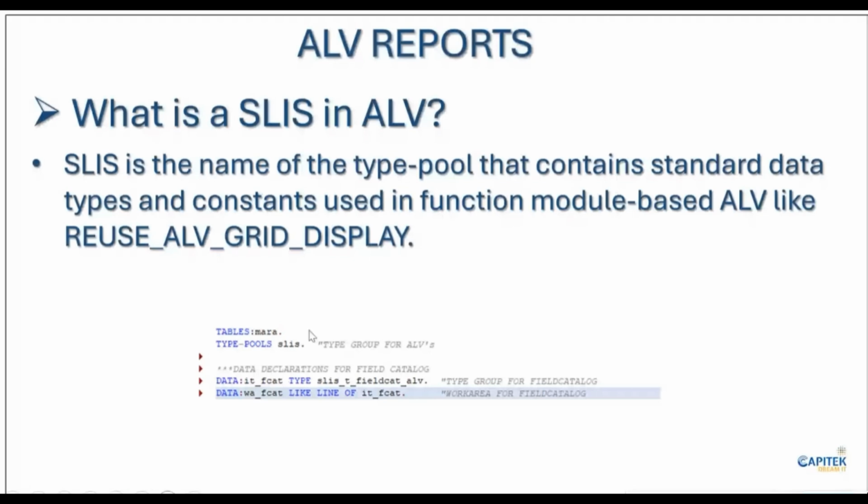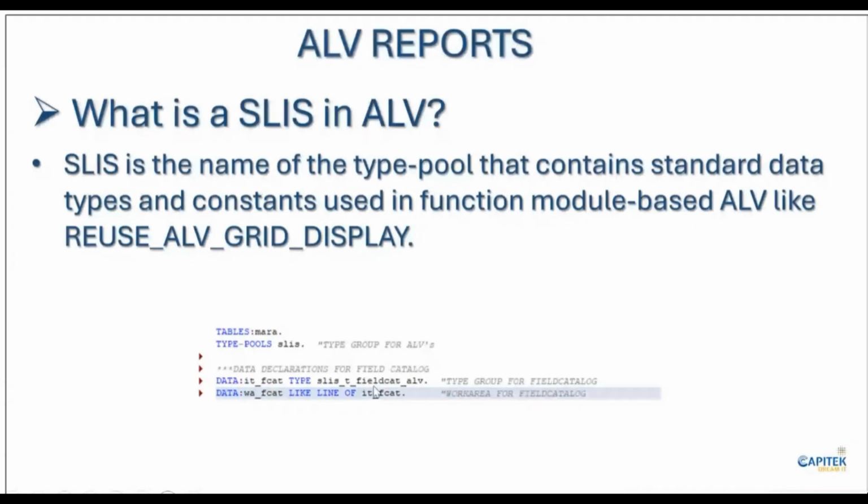You can see here SLIS_T_FIELDCAT_ALV. This is one of the declarations corresponding to the field catalog. If you want to define a field catalog, you have to bring this structure into your program, and this structure is internally available in SLIS. That is the reason why you are bringing this type pool SLIS into your program.